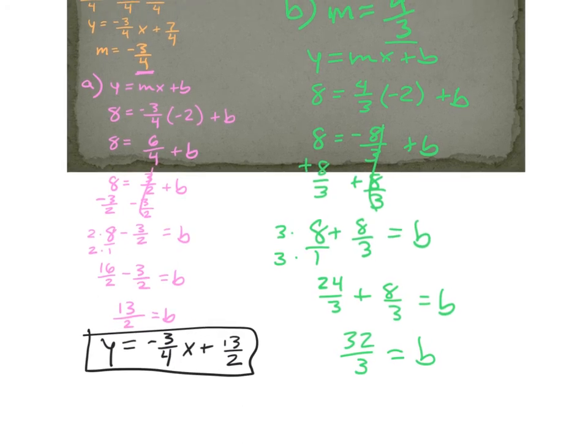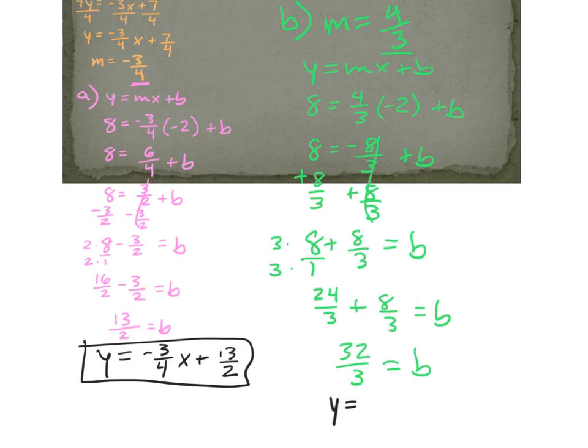So now that we have our m and we have our b, we can just plug those in. So we have y is equal to, what's our m here? 4/3 times x, and what's our b? 32/3.